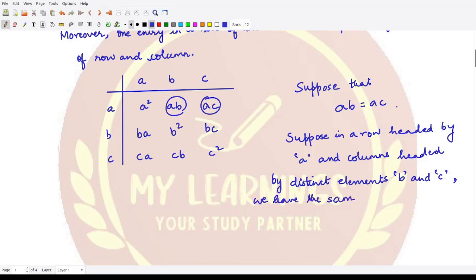So which same entries are we talking about? We are talking about AB equals AC, right?